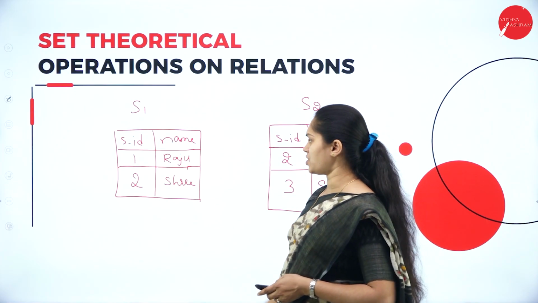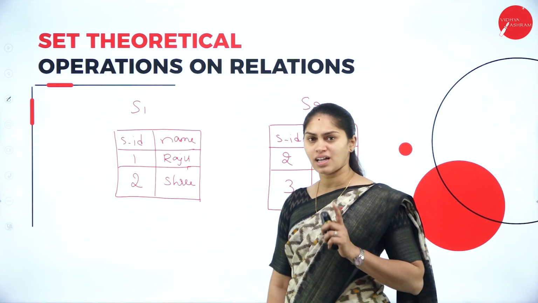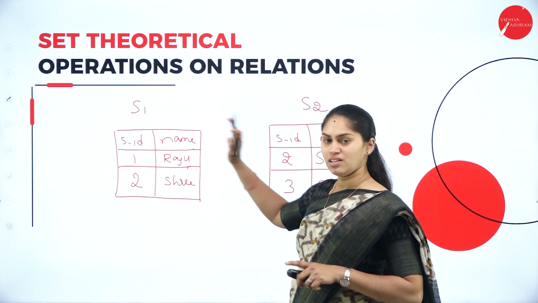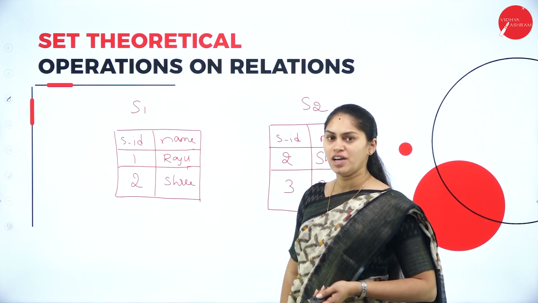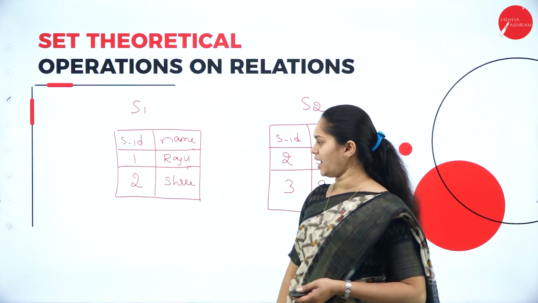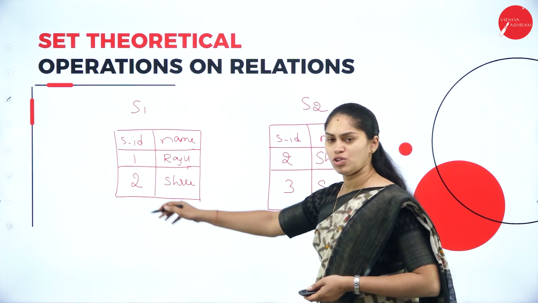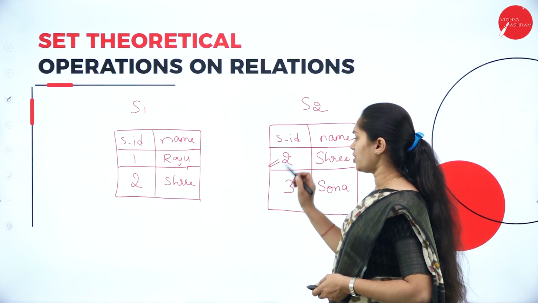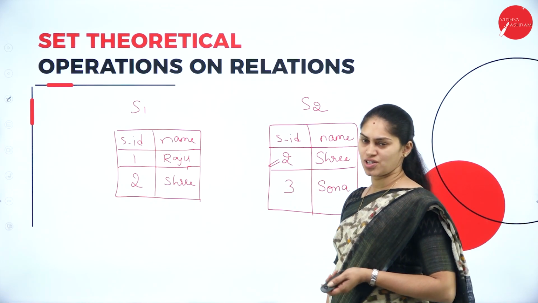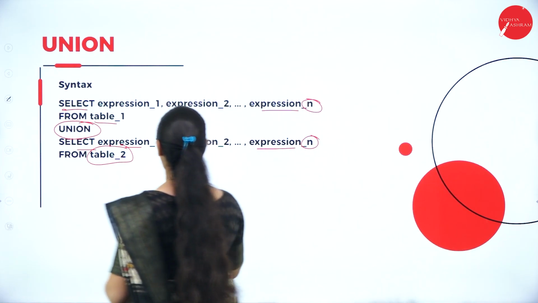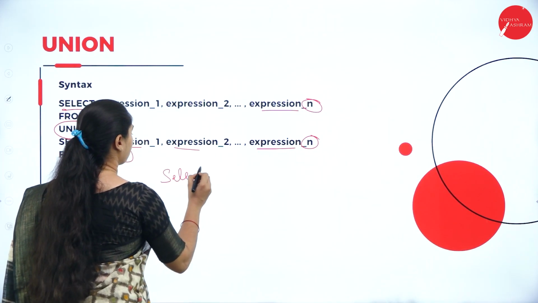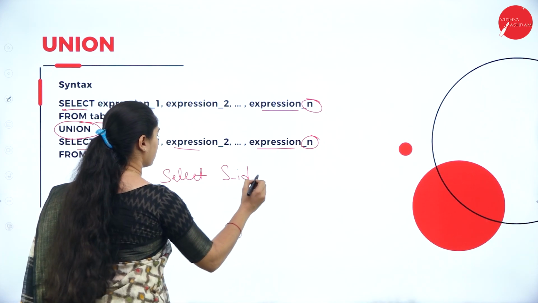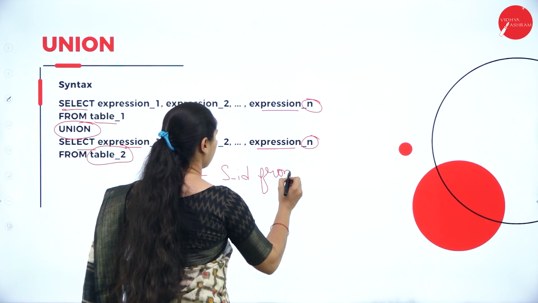So now you just imagine, I wanted to select the student ID from this S1 and S2 by making use of union. Then what will I get? 1, 2, 3 or 1, 2, 2, 3? I am going to get 1, 2, 3. Why? Because that will eliminate the duplication. So what will be the output? For example, select student ID from S1.